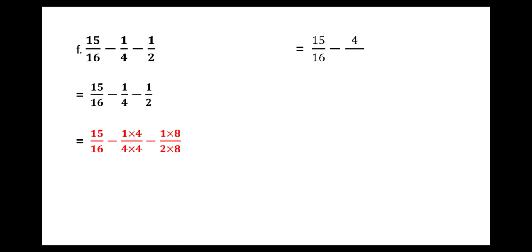After the multiplication we get 15 upon 16 minus 4 upon 16 minus 8 upon 16. Now I subtract the numerators only: 15 minus 4 minus 8 gives 3. So 3 upon 16 is the answer to this question.